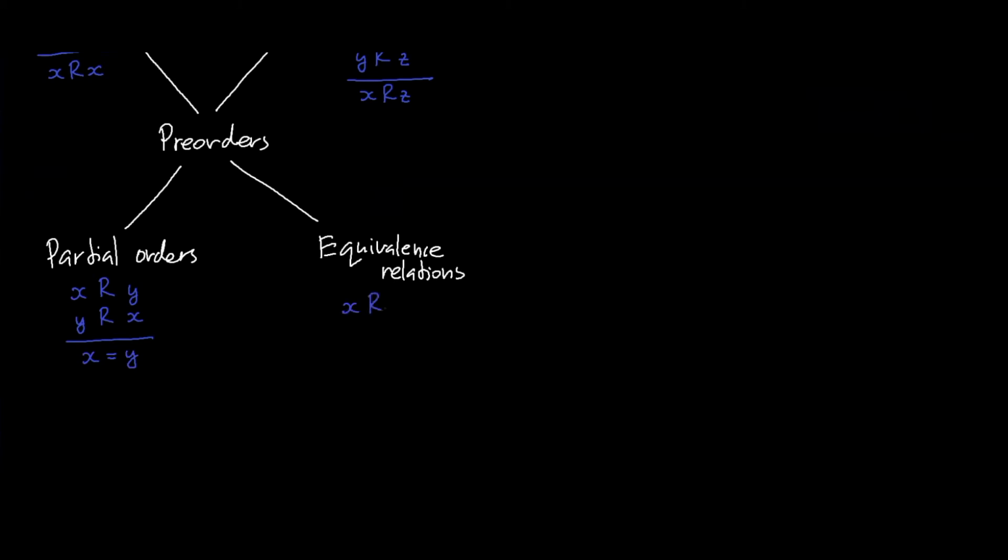They say that if X is related to Y, then Y must be related to X. And why is that opposite? Because imagine if I have something that's an equivalence relation as well as a partial order. Well, then every time I have X related with Y, I will have Y related with X by it being an equivalence relation. But then by invoking the partial order property, I will get that X and Y are equal. So every time X is related to something, X must be equal to that thing. So it kind of trivializes the relation.